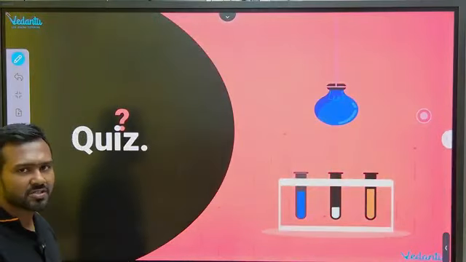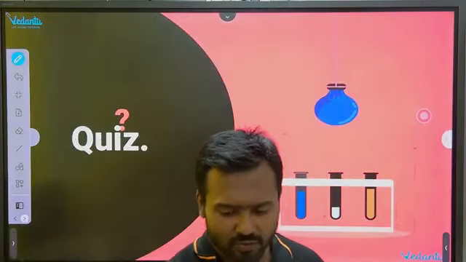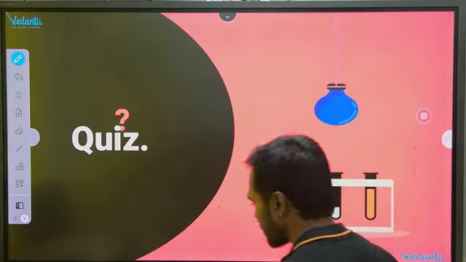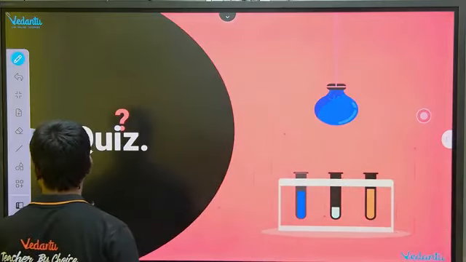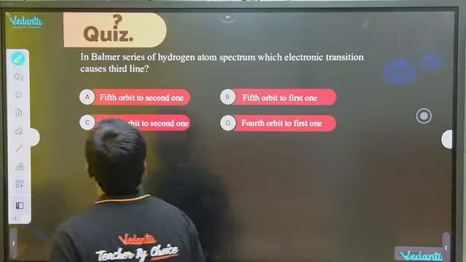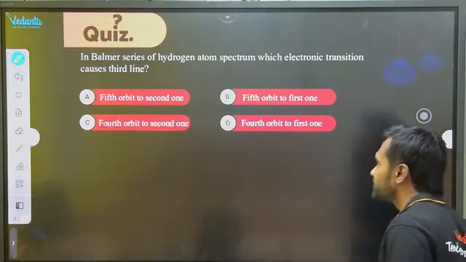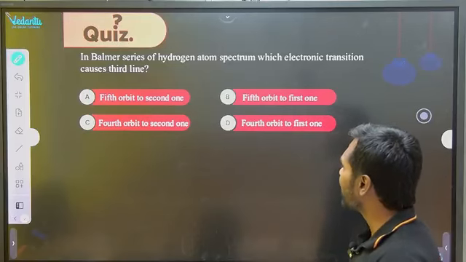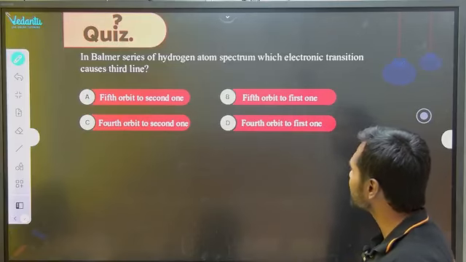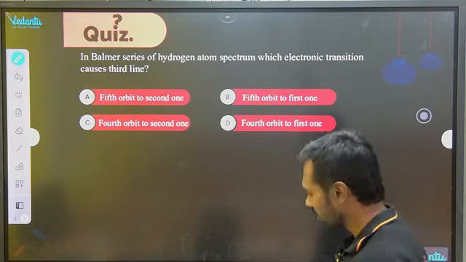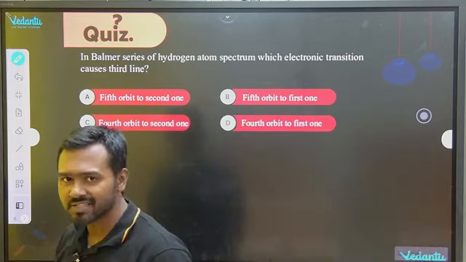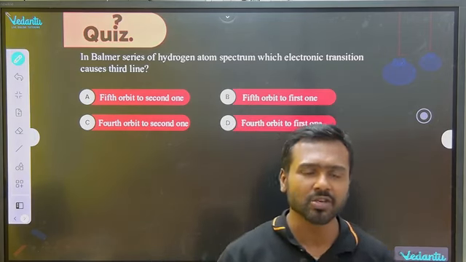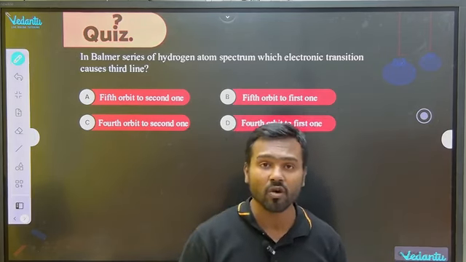So let's solve a few questions here. In the Balmer series of the hydrogen atom spectrum, which electronic transition causes the third line? Balmer series means N1 is equal to 2 and N2 is 3, 4, 5.